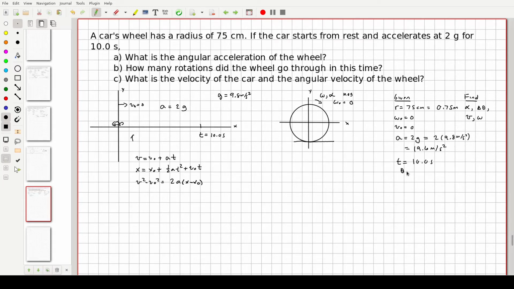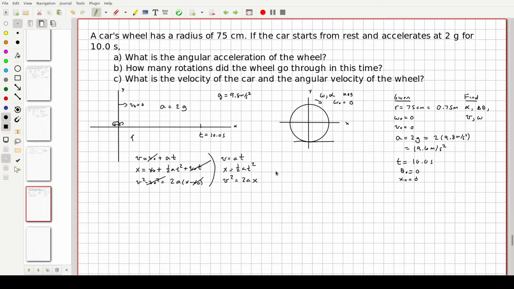Let's go ahead and make theta naught equal to 0 and x naught equal to 0. In many ways, I guess that almost should be taken for granted. We have an initial velocity of 0, which means our kinematic equations here give us v is equal to a times t, x is equal to 1/2 a times t squared, and v squared is equal to 2 times a times x.